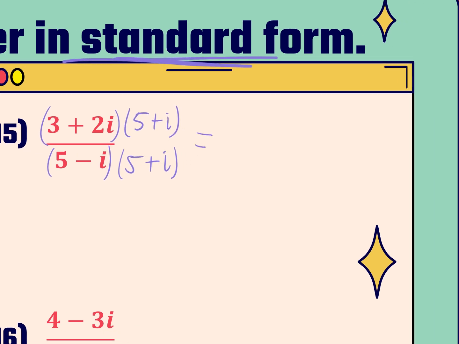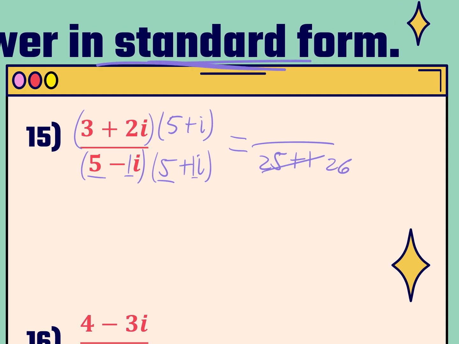All right, the bottom, again, use the shortcut. 5 times 5 is 25, plus the number in front of our i is a 1, right? 1 times 1 is 1. All right, so we get 25 plus 1, which is 26. And then on the top, we want to just FOIL this out. 3 times 5 is 15. 3 times i is plus 3i. 2i times 5 is 10i.